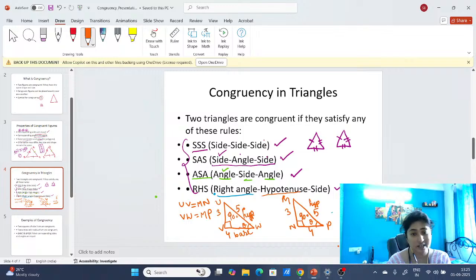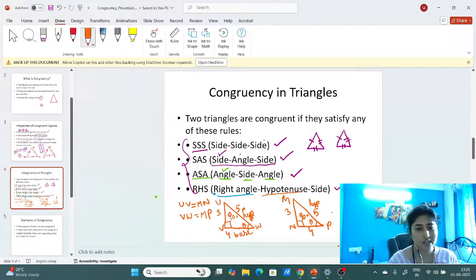So you could have done it by SSS also. But there will be some cases where you will find that only one side is equal to the other, and we also have one right angle and the hypotenuse are equal. So that time you can use this criteria, the RHS criteria.